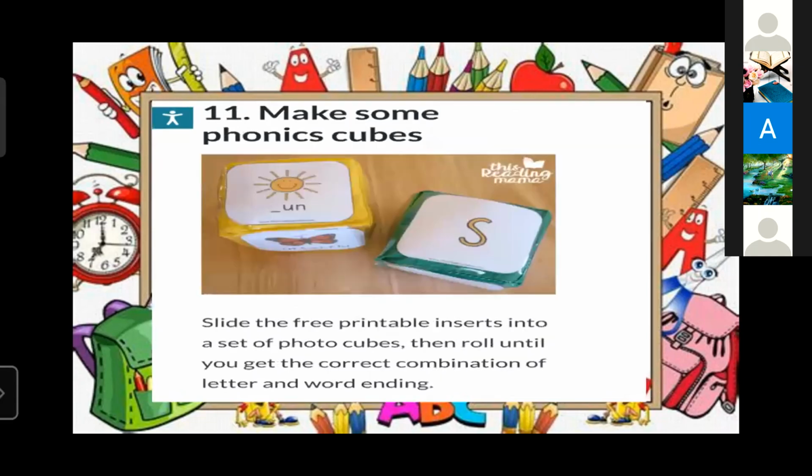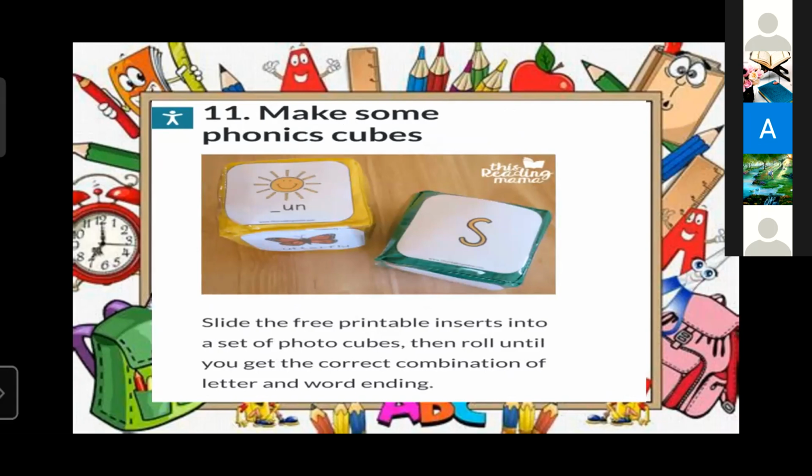Number 11, make some phonics cubes. This is an easy and simple way. You put a picture of a word on each side, and you can take out the first letter and ask the children with another cube to match it to the word. For example, if you look here, you can find sun, butterfly, and maybe apple, maybe cat on the other sides of the cube.